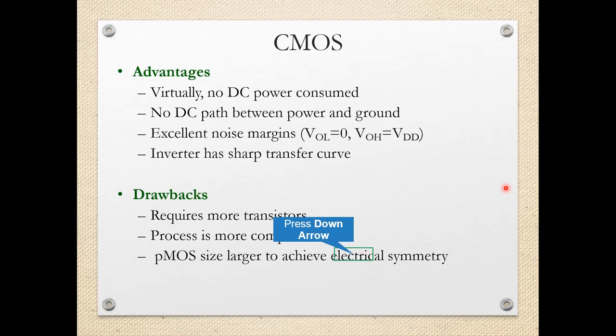So the dimensions of the layouts of the P MOSFET and N MOSFET are not the same. P MOSFET size is larger by some ratio, around 2.5, and this is required to achieve the electrical symmetry. When we study the VTC, that is the voltage transfer curve, at that time we will understand this concept more clearly. And there is one more disadvantage, latch up.